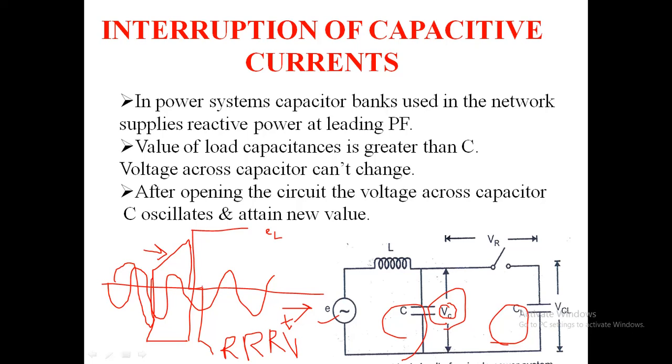At this point the current is 0. The dotted line, which I have thickened, represents the arc restriking at this point. So this is the waveform for the interruption of capacitive current.